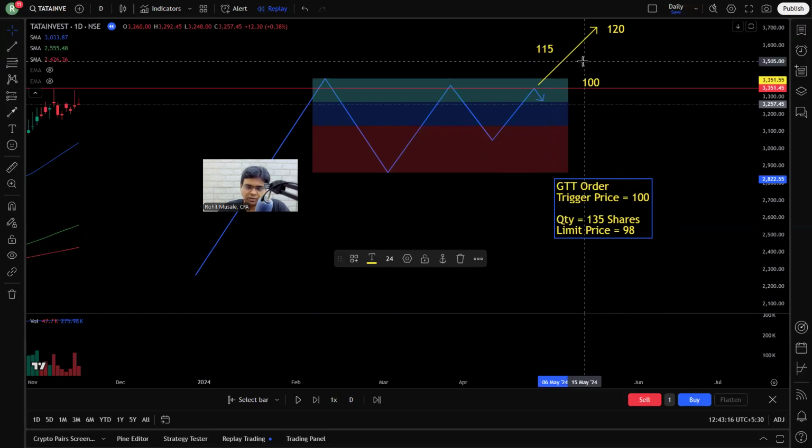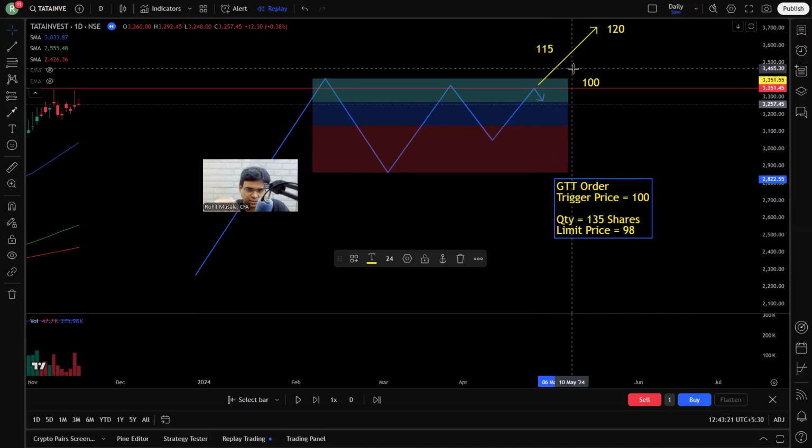Then at 110, you would sell another 50 shares. Then at 105, another 100 shares. So you could keep three GTT orders. It's just the quantity that will change, and you know how to put the quantity and limit price now. That is how you use the GTT sell order.